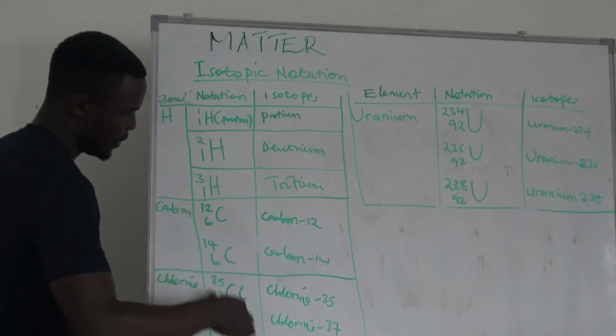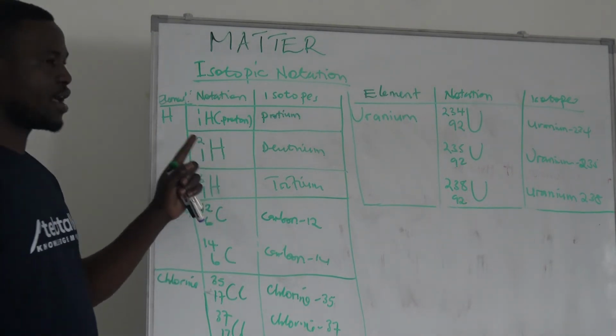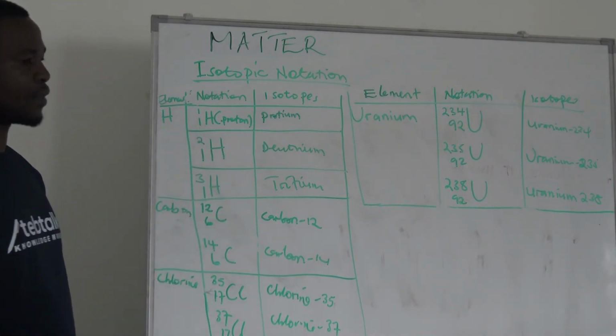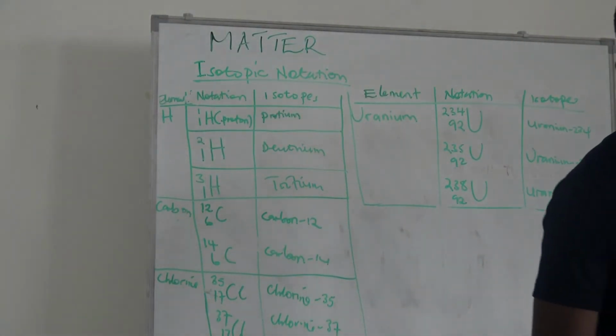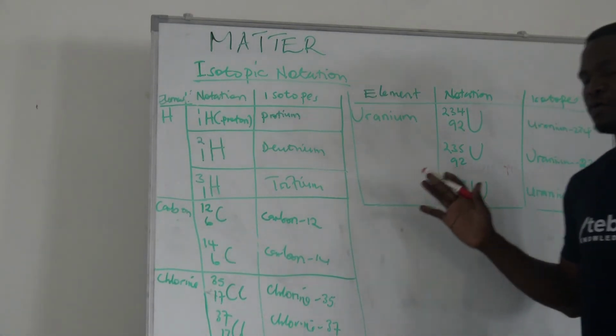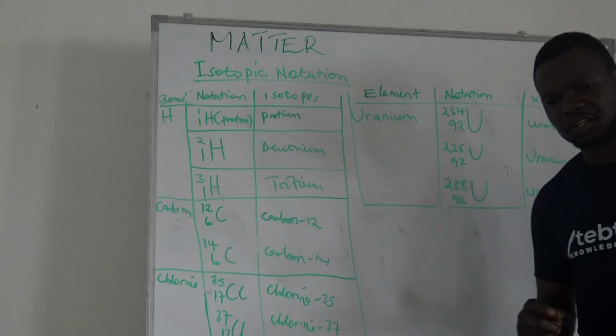The same case applies everywhere, so all these elements exhibit isotopy. Where an atom of a given element shows up with different mass numbers but the same atomic number, we say such an atom is exhibiting isotopy.